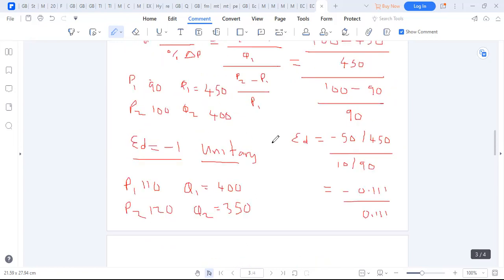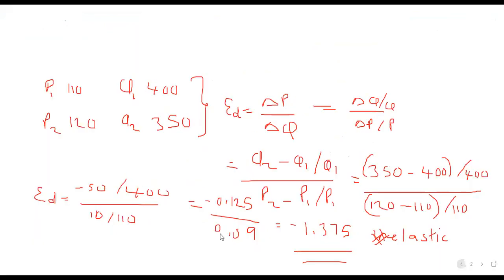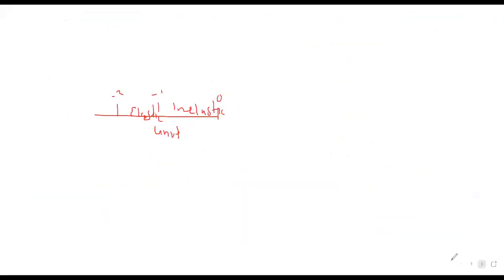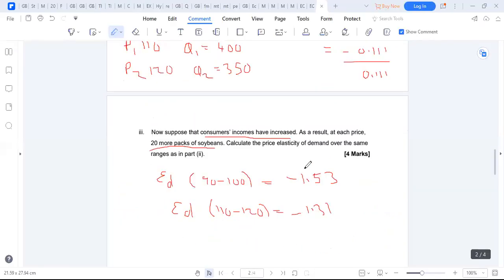Initially we had inelastic here before the 20, and the other figure was 1.35.